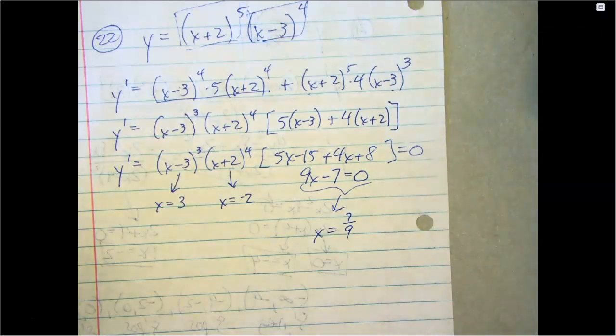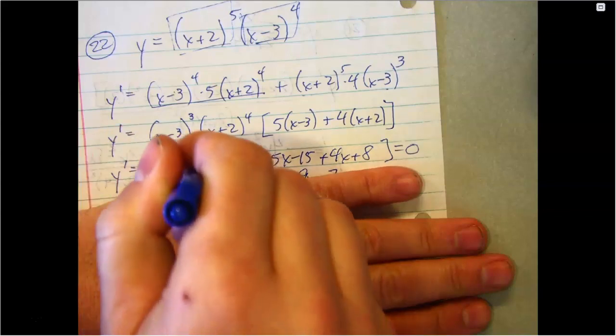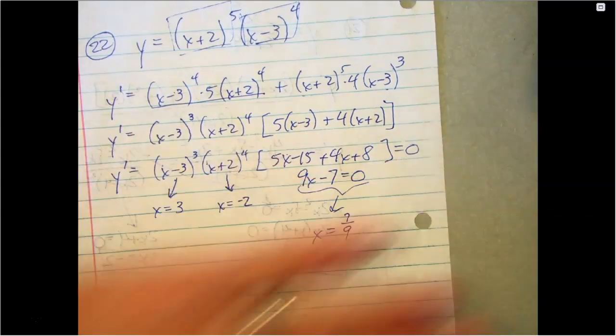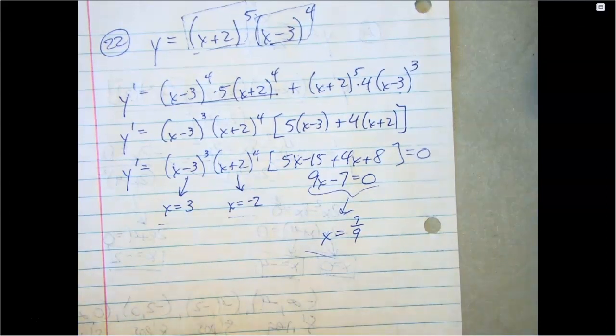That's what I meant, like you could tell maybe from here. So there's just an x there, so that's one answer, and one more answer. So there are 3 critical points. This is what they would be. You didn't necessarily have to go that far. But more to the point, I was just trying to remind you of product rule.